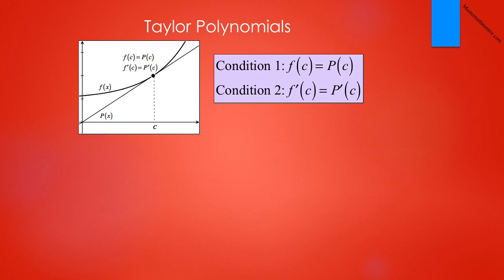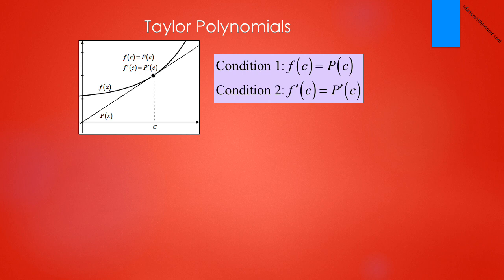So to find a polynomial function p that approximates a function f, we begin by choosing some number c such that the value of f and p are the same. That is, f of c must equal p of c, as we can see in the graph.